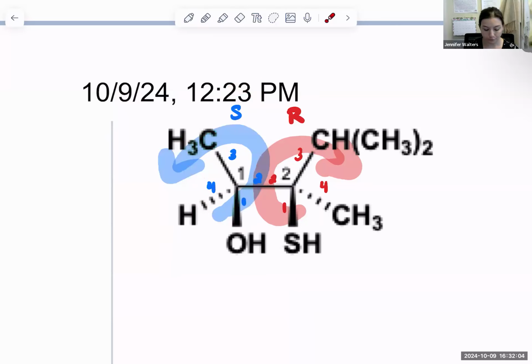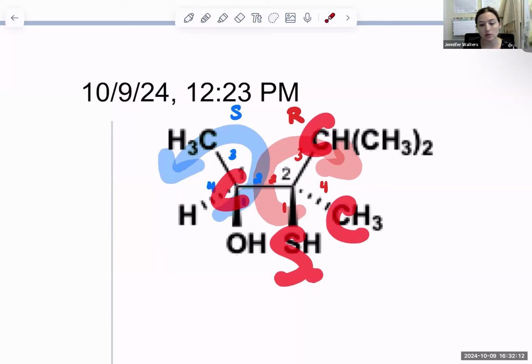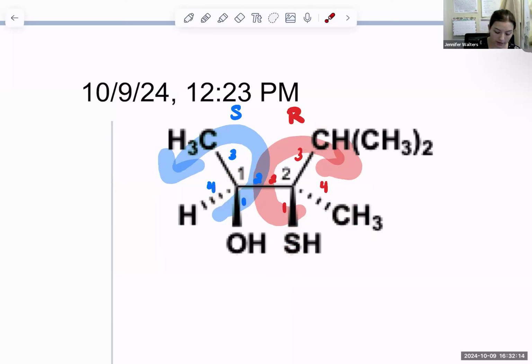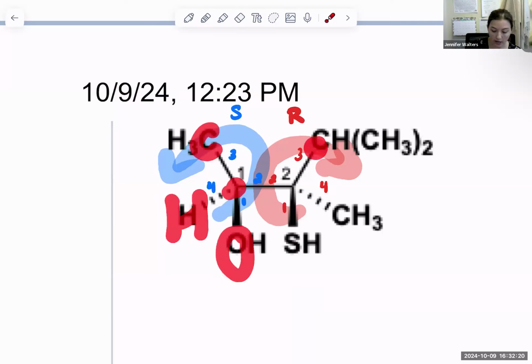that is S. For carbon 2, I'm comparing sulfur, carbon, carbon, and carbon. Sulfur has the highest atomic number, so that is number 1. Then I walk out from that and I see on the left carbon, hydrogen, oxygen. Going up, I get hydrogen, carbon, carbon.